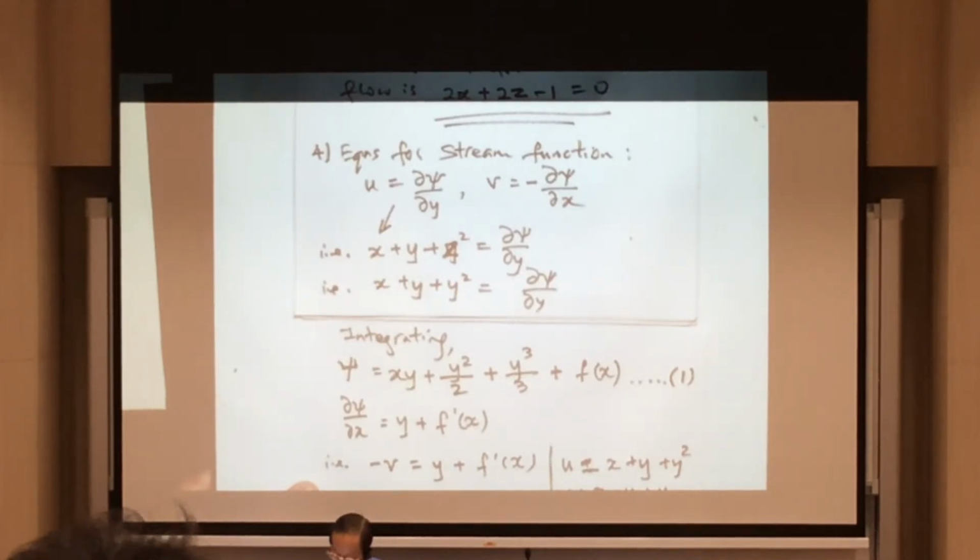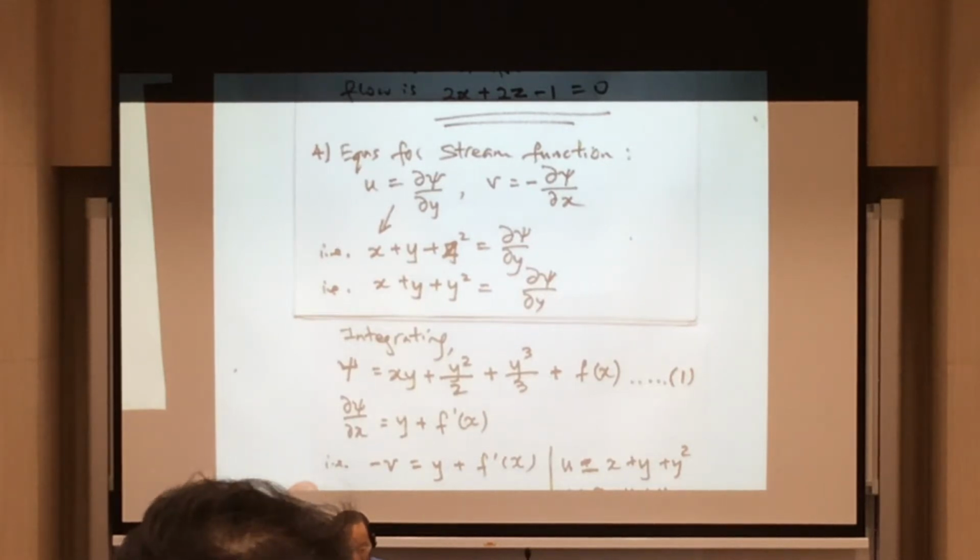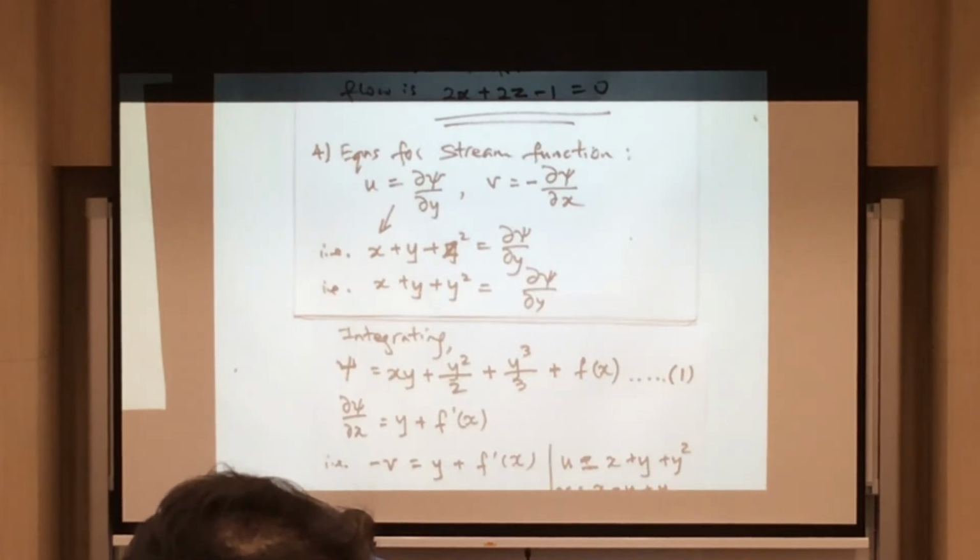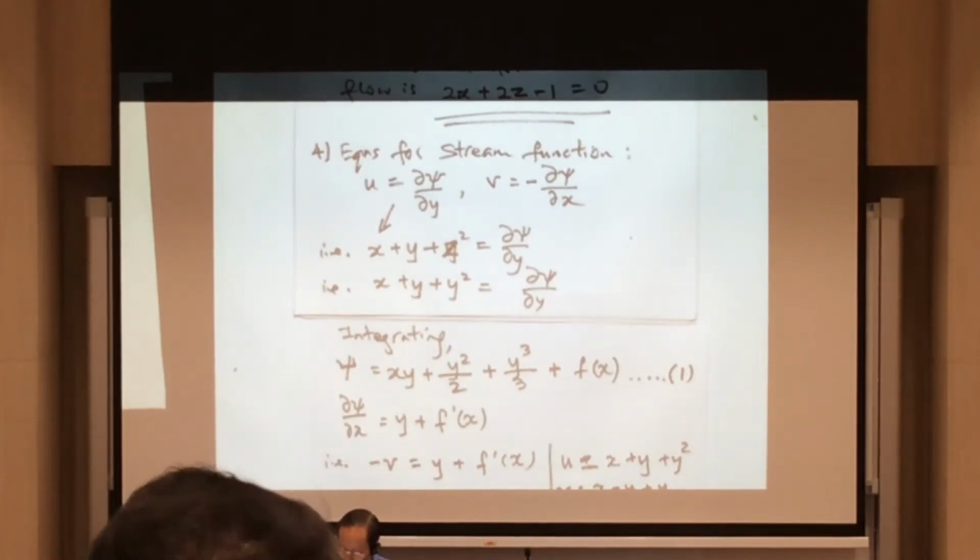So actually in this case, d is equal to x, right? So minus d will be minus x.